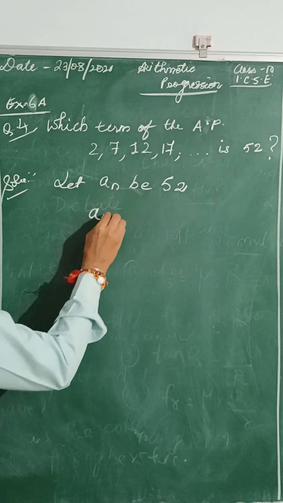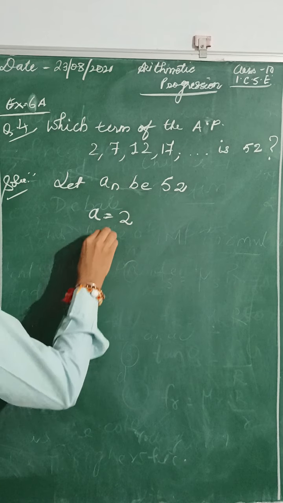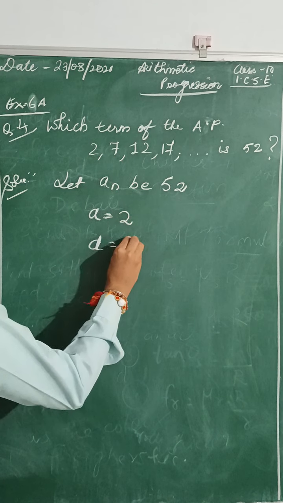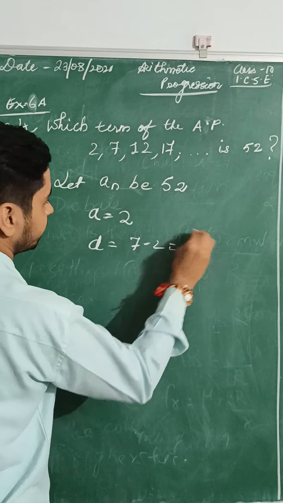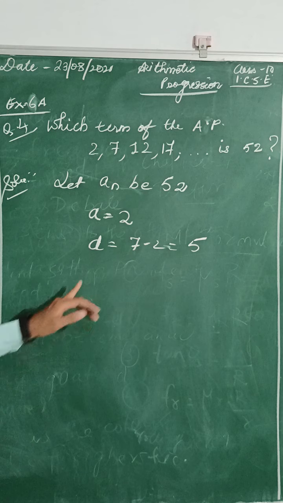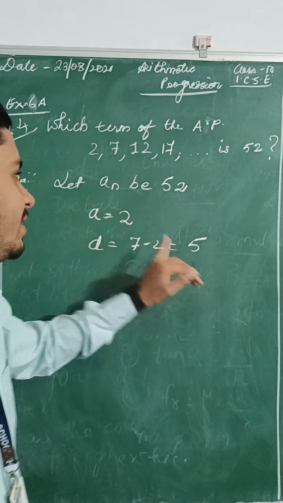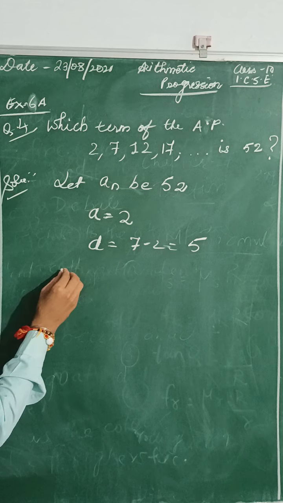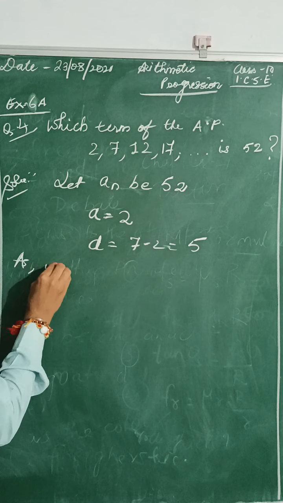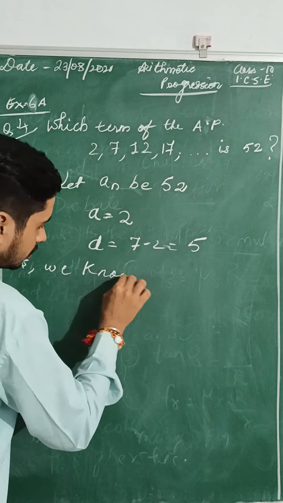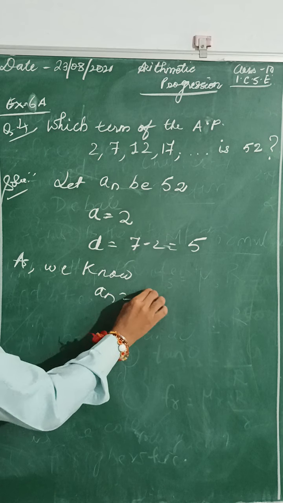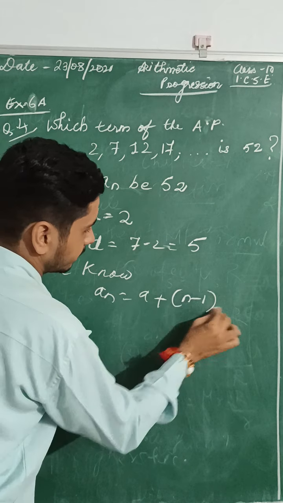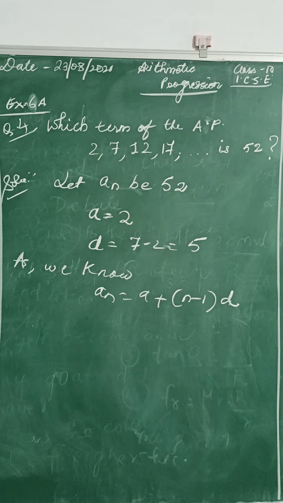What do we have? a is 2. How will we find d? Second term minus first term, 7 minus 2, which is 5. So d is equal to 5. Now, as we know, an is equal to a plus n minus 1 into d.